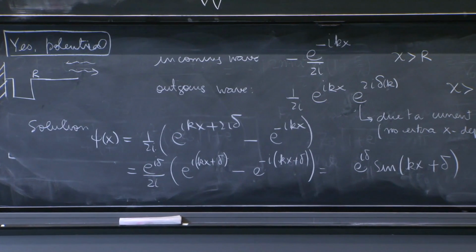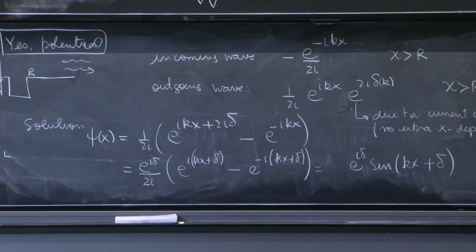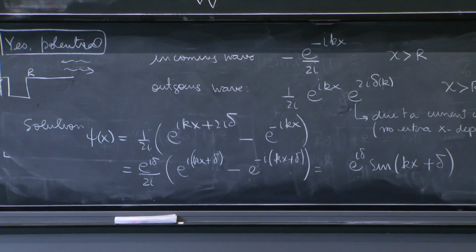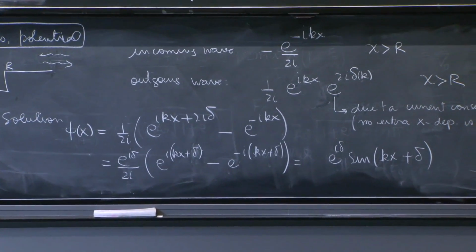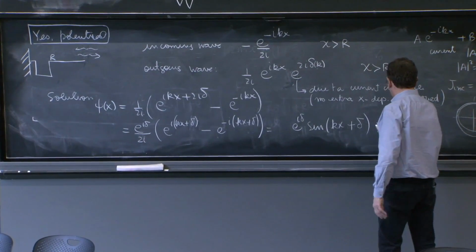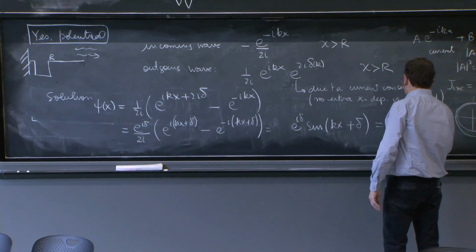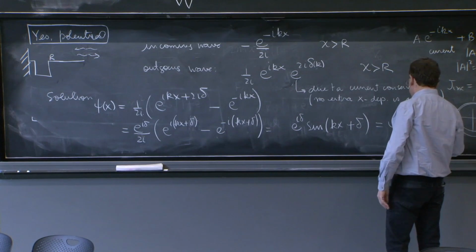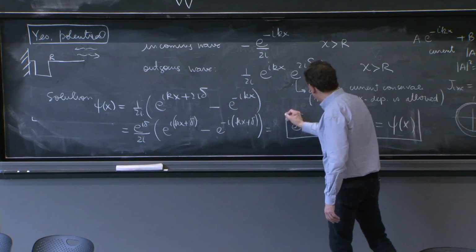So that's this full scattered wave, not the full reflected. Now, bad words again. This is the full wave that you have for x greater than r. So let's write it here, psi of x. It's not the reflected wave nor the incoming, it's everything.